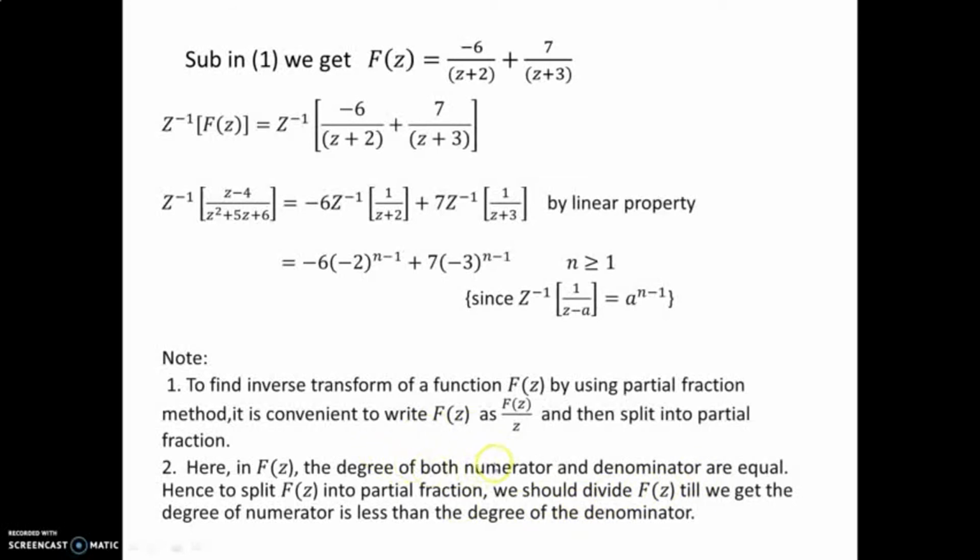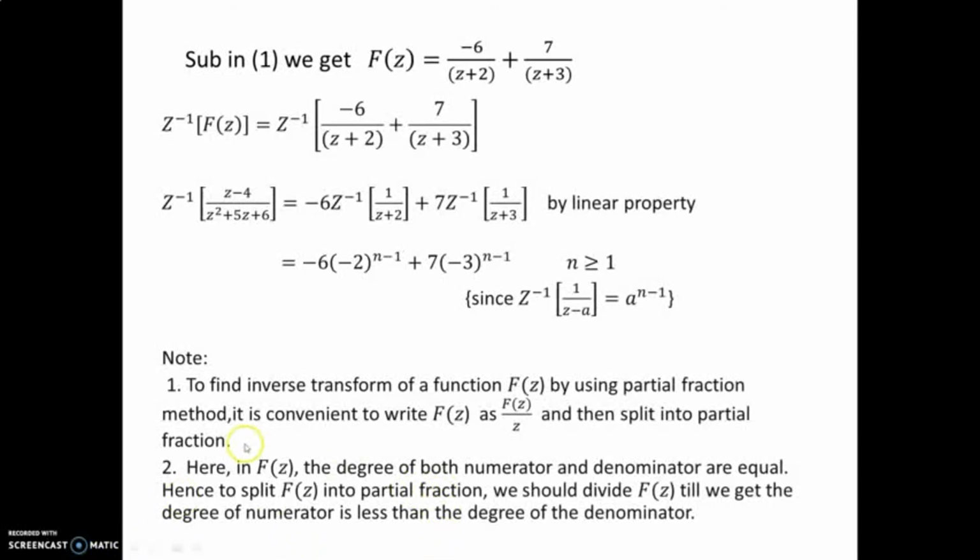Therefore, the given function is an improper function. First, we convert the improper function to proper function. There are two options. The first one is we can take out z in the numerator and then move that z to the left hand side. The second option is divide numerator by denominator to reduce the degree of numerator. The given fraction is a proper fraction, and then we apply the partial fraction method.